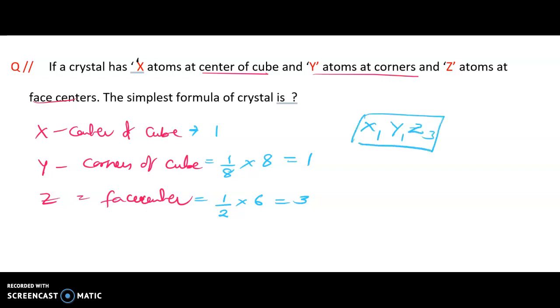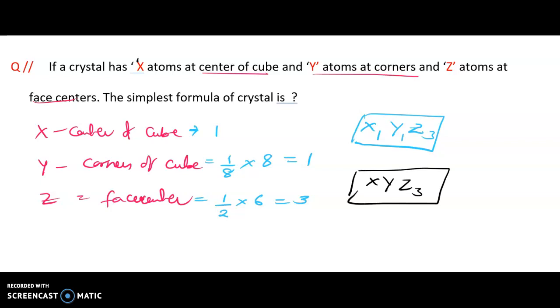So the simplest formula of this particular crystal unit cell or crystal lattice will be XYZ3.